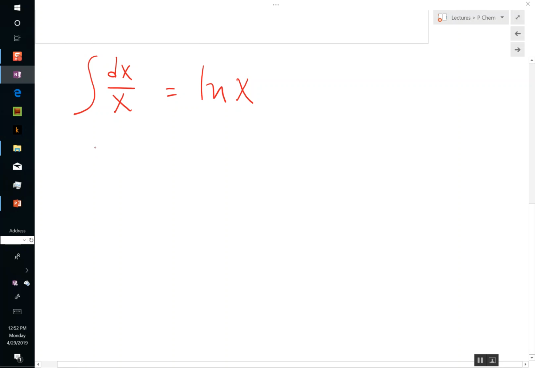Let's see, what's the other one I want to do? The integral of dx over x squared. Oh, negative 1 over x. Okay, so here with x squared, n equals negative 2.